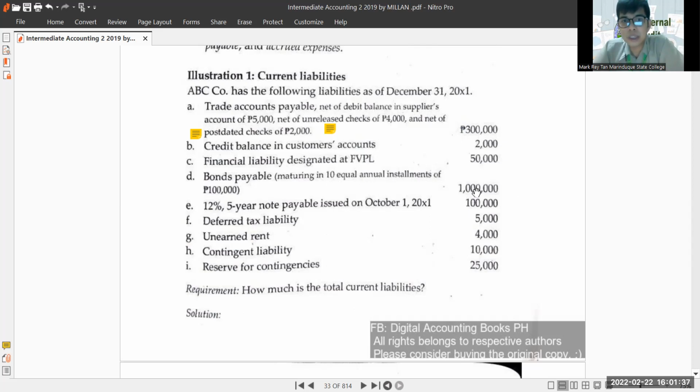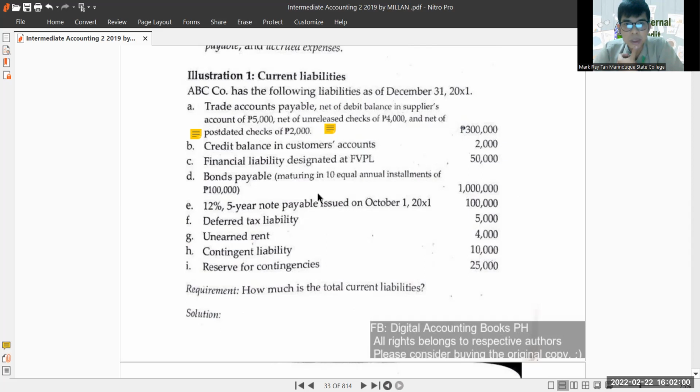So therefore, from this 1 million, meron diyang current 100,000. Okay? Letter E, 12% 5-year note payable issued on October 1, 20X1. So 5-year note yung payable, therefore siya ay non-current liability.